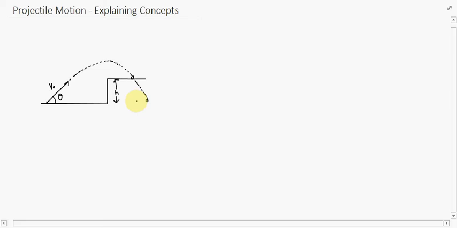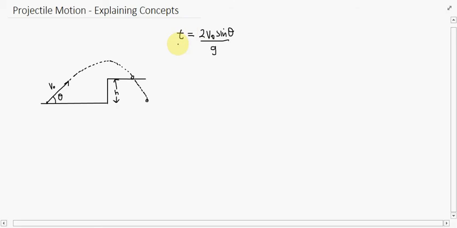So there's a formula in your book that says the time that a projectile typically spends in the air is equal to 2 v naught sine theta divided by gravity.